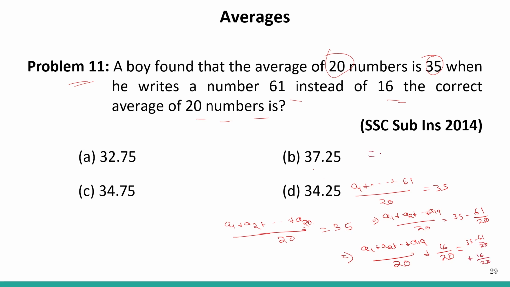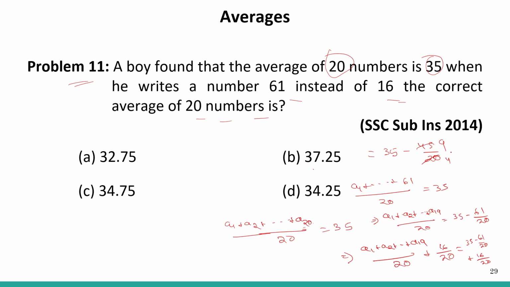So this will be equal to 35 minus, by subtracting 16 from 61, what we are left with is 45, right? Minus 45 by 20. So this will be 9 by 4.